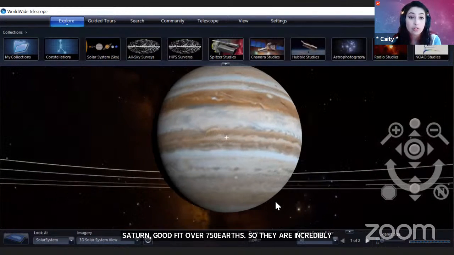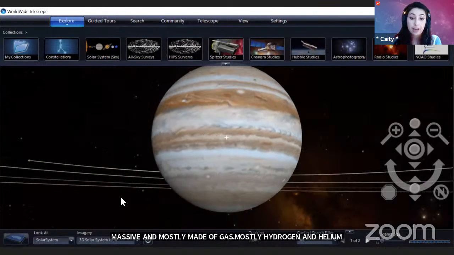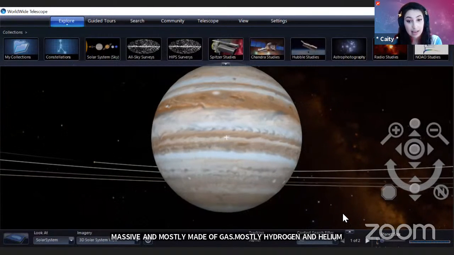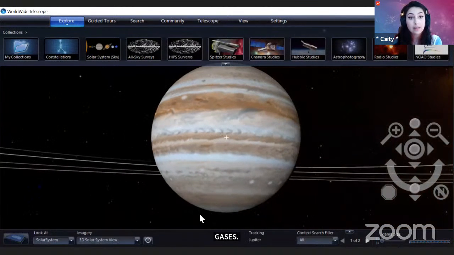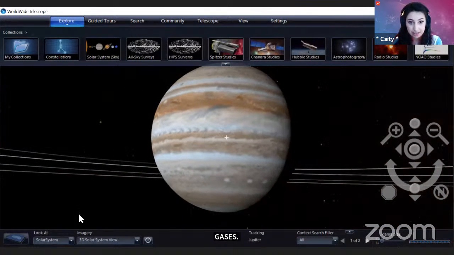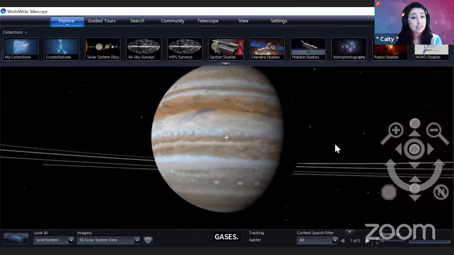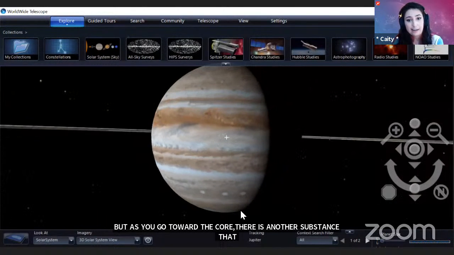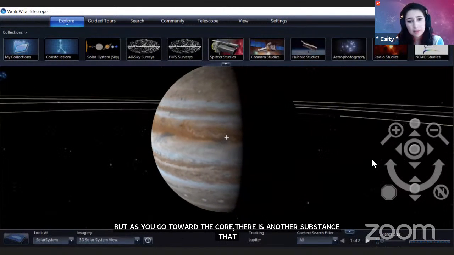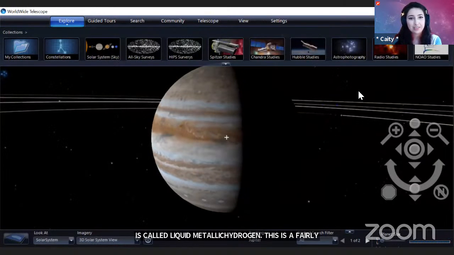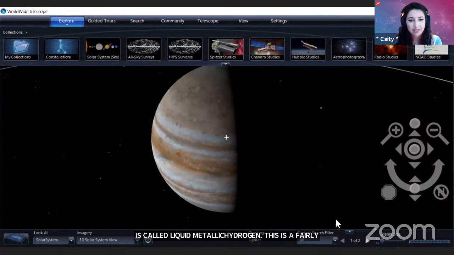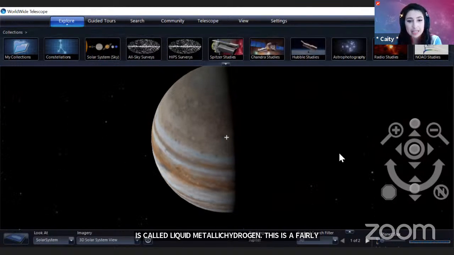But as you go toward the core, there is another substance that is called liquid metallic hydrogen. And this is a fairly recent discovery. And it's a really weird substance that scientists are still studying to figure out what the properties of it would be.